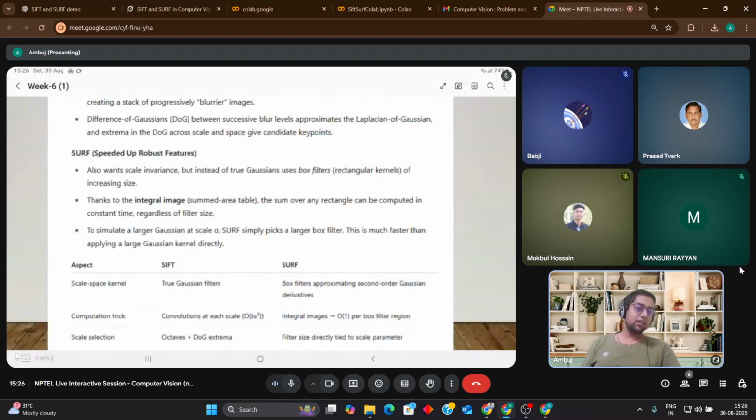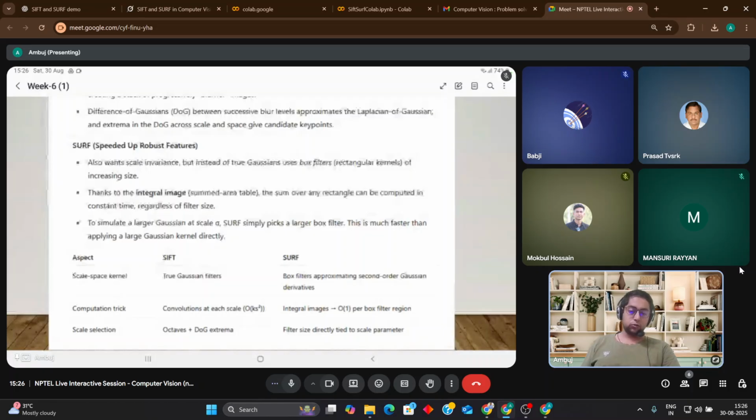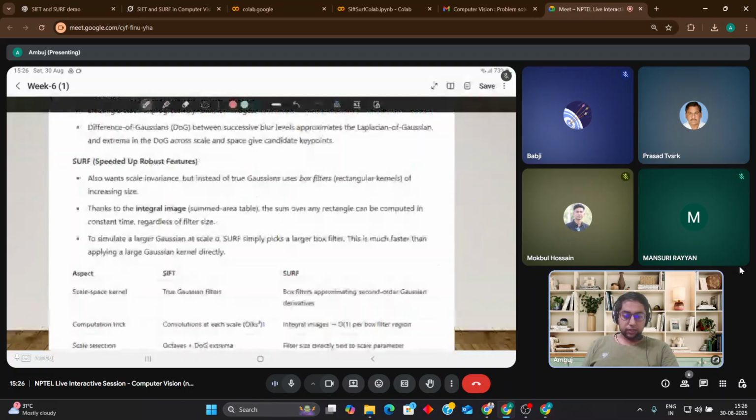So SURF simply picks a box filter of somewhat larger size, which is much faster compared to SIFT. As for computational complexity, it is k s squared in case of SIFT, and with integral images it is big O of 1. Both of these aspects are very, very important for you to understand.